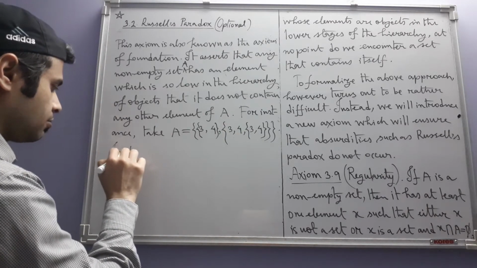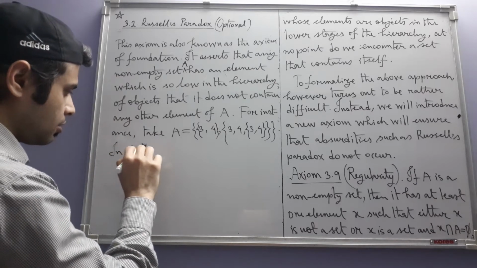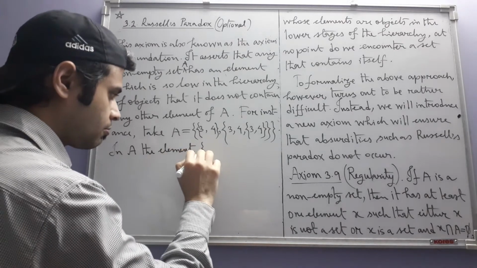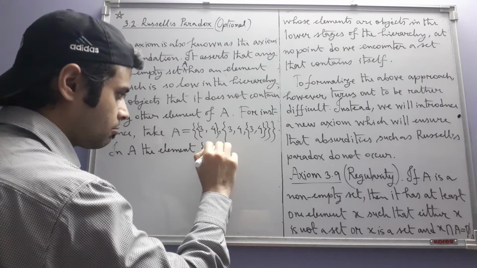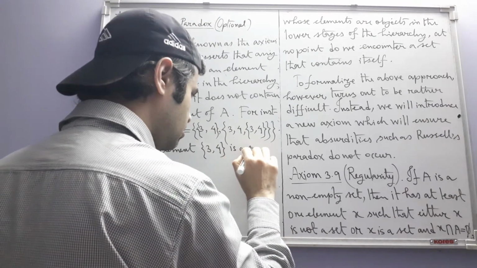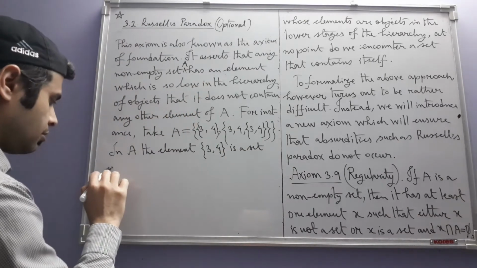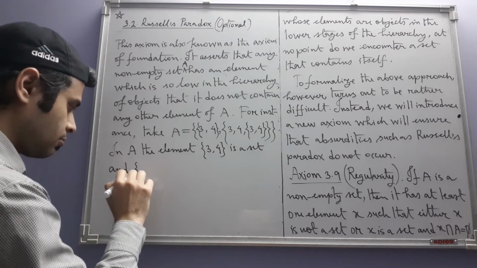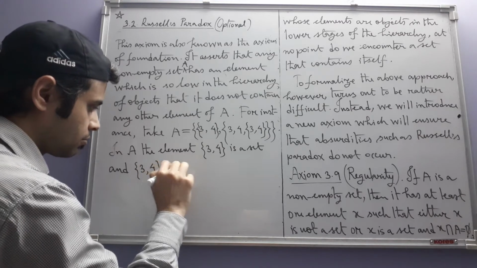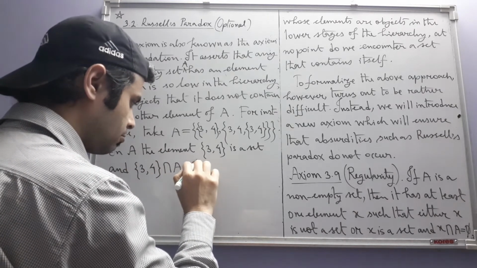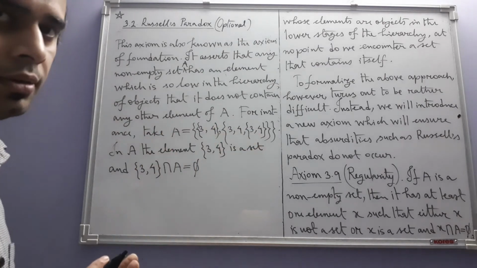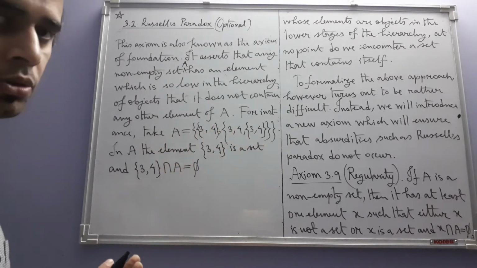In A, the element {3} is a set and is disjoint with A, because 3 and 4 are not elements of A. The elements of A are both sets.